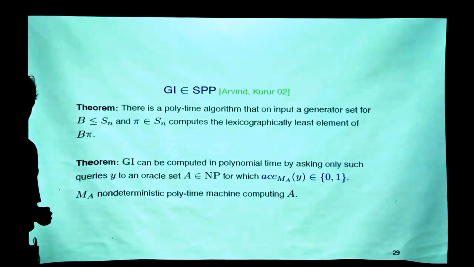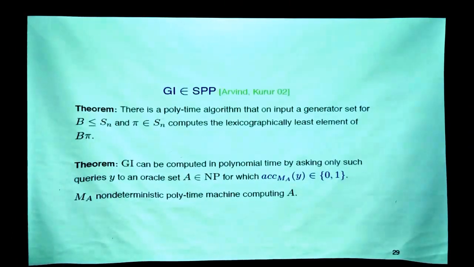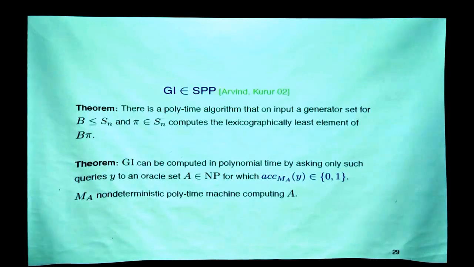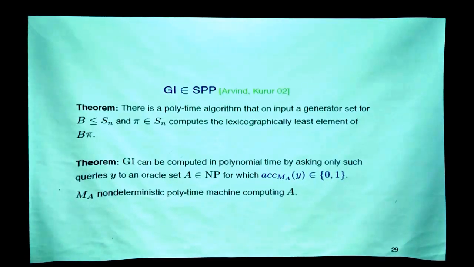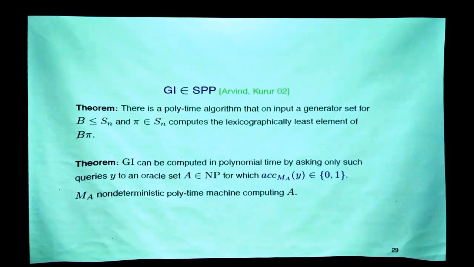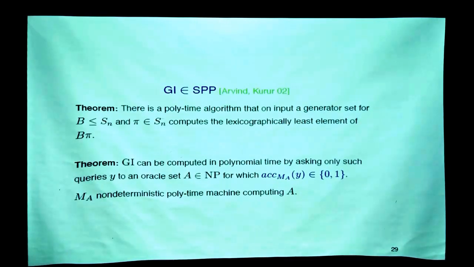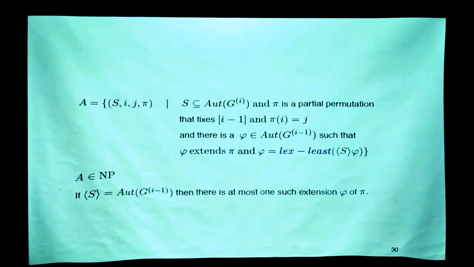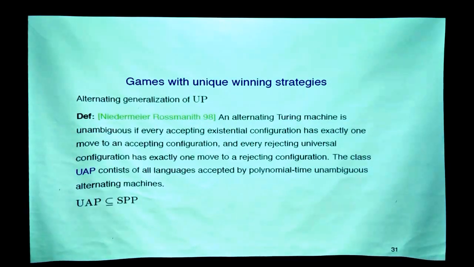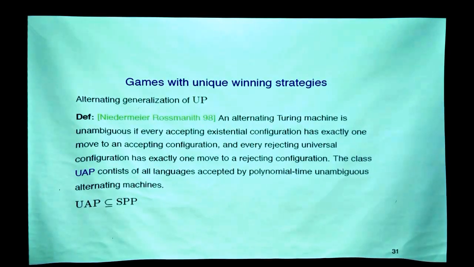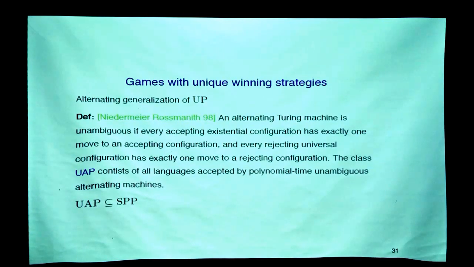So for the isomorphism problem exactly, this result I showed you before for automorphism. So it's classifying this. Okay, another example of this classification.